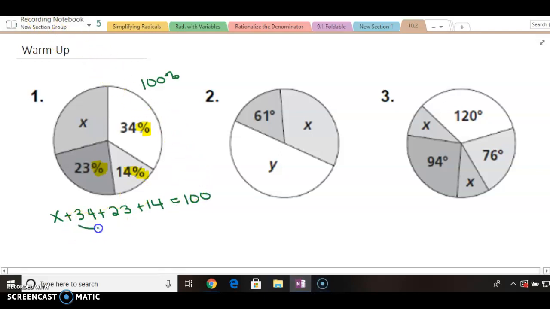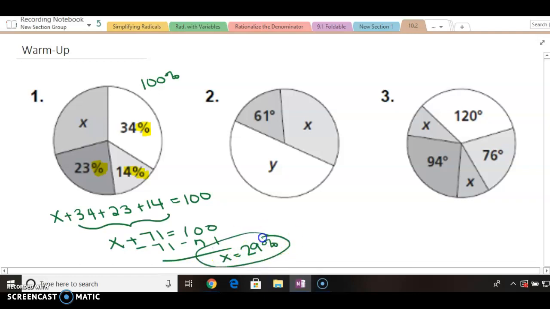If I add these up, I get x plus 71 equals 100. Subtract 71 from both sides, I get x equals 29%. So this here is 29% of the circle.